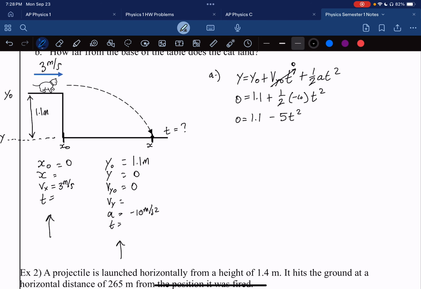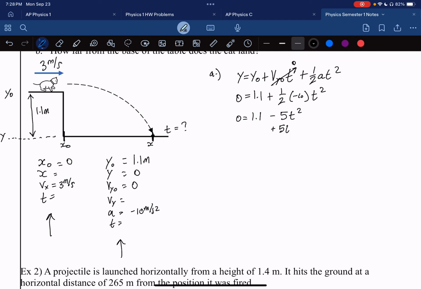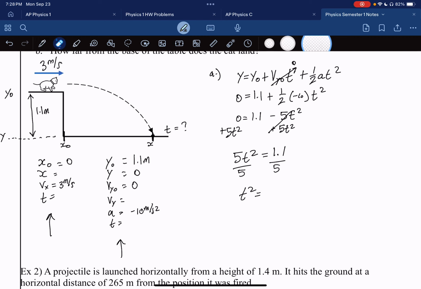I change how I do this. I think today I'll just add 5t squared to both sides. We say 5t squared equals 1.1, like that. Divide by 5. t squared is equal to that.